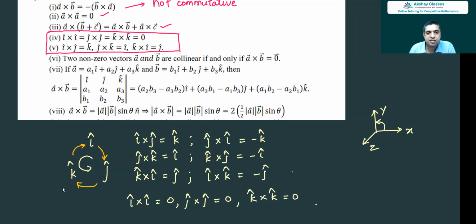Now using this, two non-zero vectors A and B are collinear if and only if their cross product is 0. So if vectors are collinear, naturally their cross product will be 0.